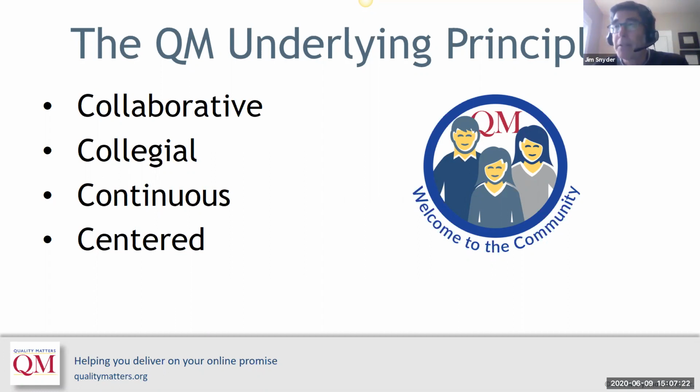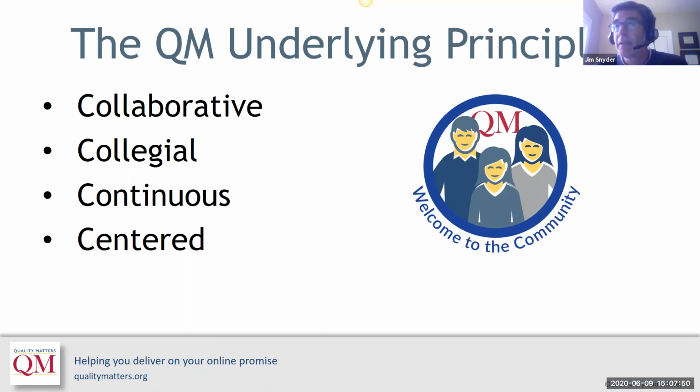We look at ourselves as collegial, so you're joining a community when you become a member of Quality Matters. We are always looking to share ideas, and we come at this from the area of continuous improvement. You'll see this when I talk about having courses potentially reviewed, either by yourselves or Quality Matters, that we always look at continuous improvement.